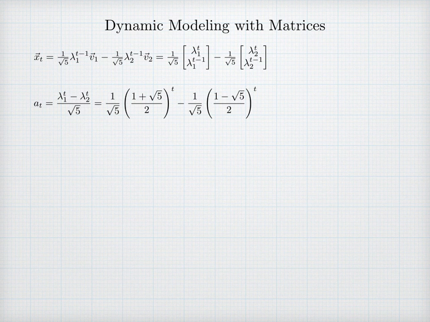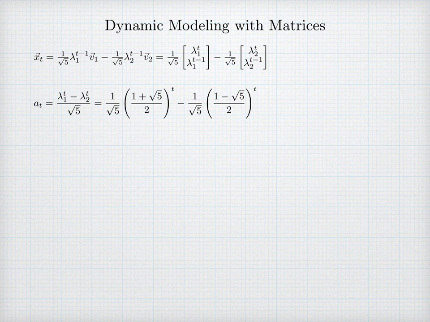So that if I look at the first value in my vector, the adults, I discover that it's 1 over the square root of 5 times lambda 1 to the power t minus lambda 2 to the power t. And so I get this formula of how my adult population grows.